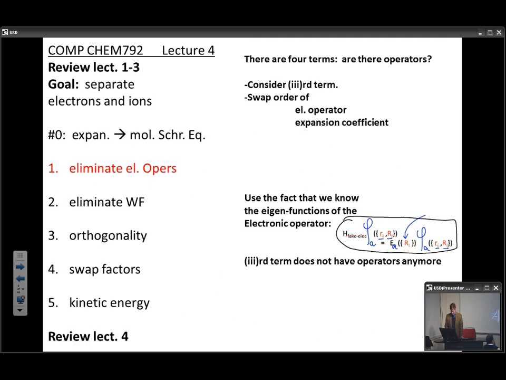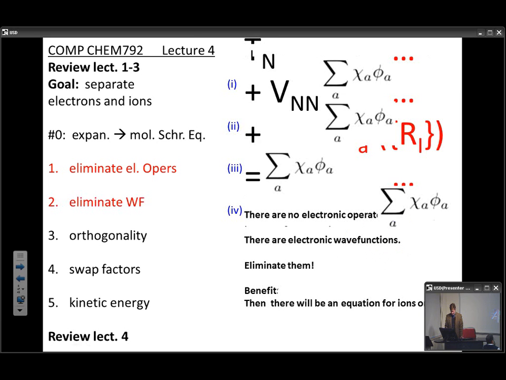So here is what I already have written. And if we plug it in here, then we remove the operator here and we add the eigenenergy.